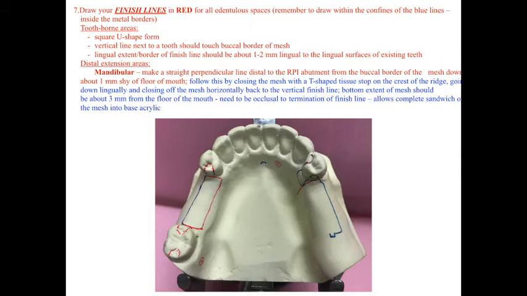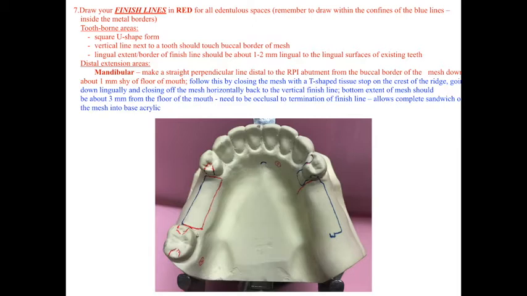Then the next one will be the finish line. You have two options, depending on where the edentulous area is. If the edentulous area is a tooth span, it is a square U shape. You do 2 vertical lines next to the tooth, and then you have a lingual extension about 1 to 2 mm lingual to the lingual surface of the tooth.